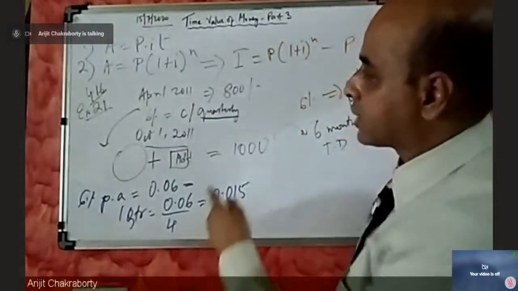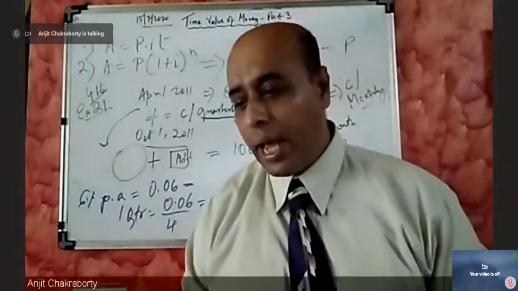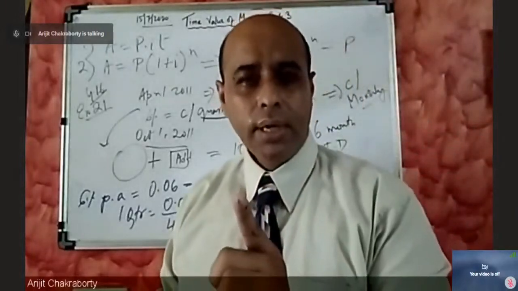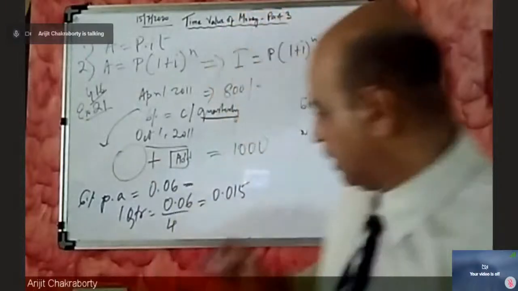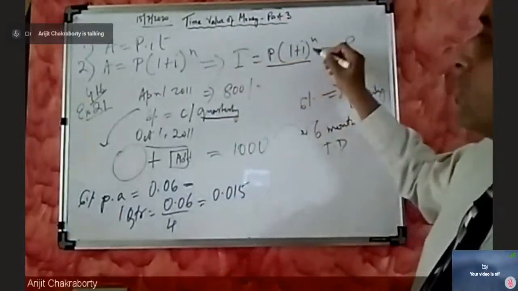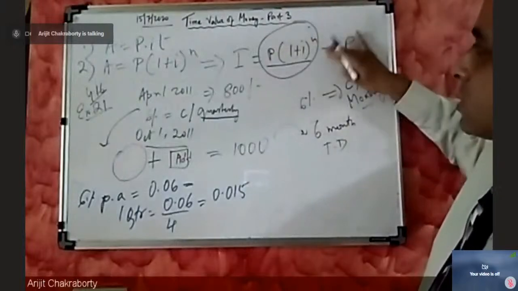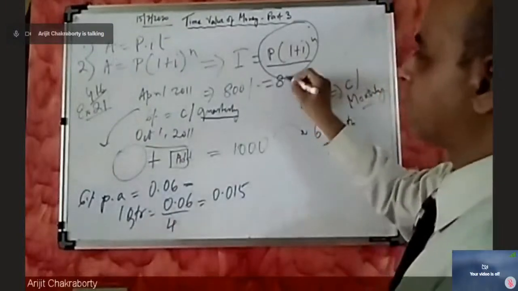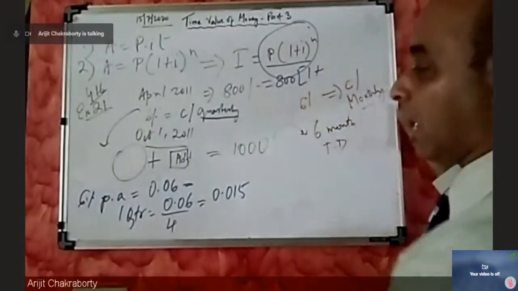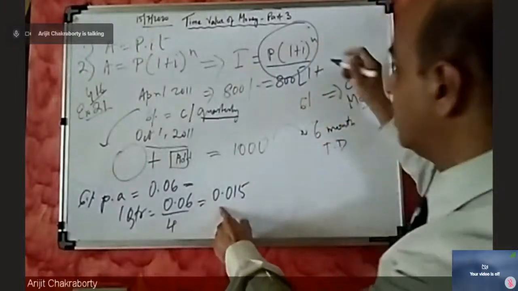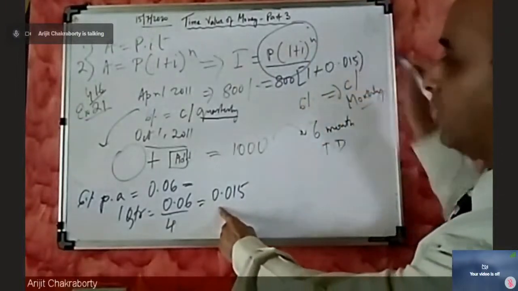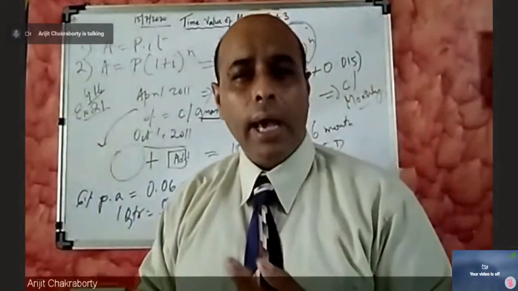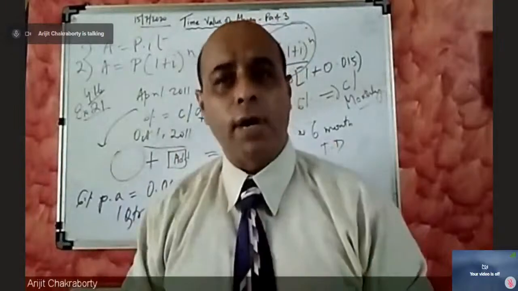Therefore, he started with 800 rupees, with quarterly compounding, and the duration was 6 months. So what is the amount he got? The formula you know is P into (1 plus i) to the power n. Principal is 800, so I write 800 into (1 plus 0.015) to the power n.